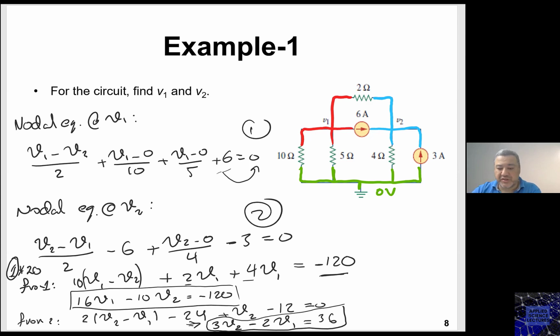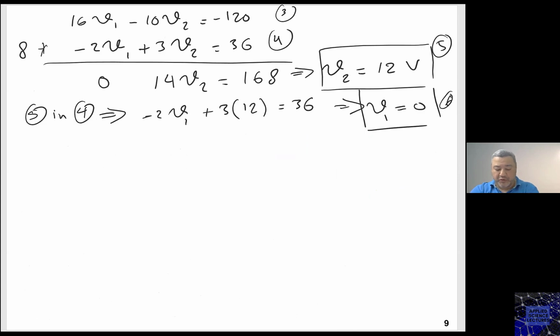Any other questions about nodal equations or nodal analysis, how to write the nodal equations, and how to solve for nodal equations by inspection? Sir, what did you get for the voltages again? I got V2 equals 12 volts and V1 0 volts.